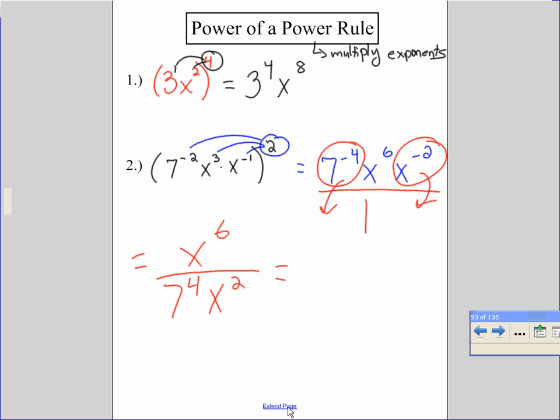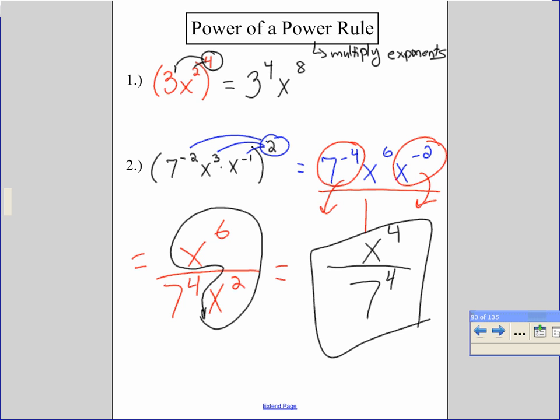Careful. You just did this for homework last night. Sean, what do we do? Yep, subtract them. So our final answer would be x to the fourth over 7 to the fourth. Briar, did you just forget that? Okay. Divide same base, subtract exponents.